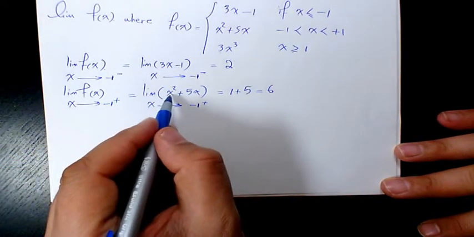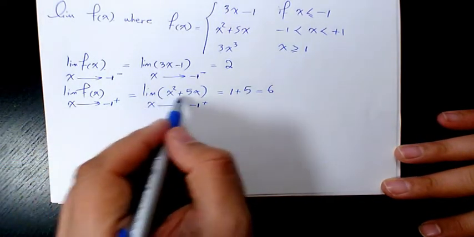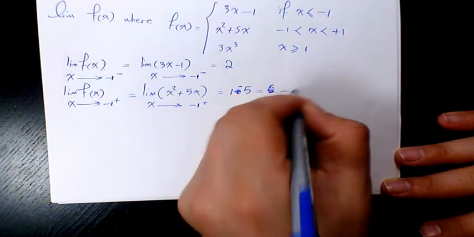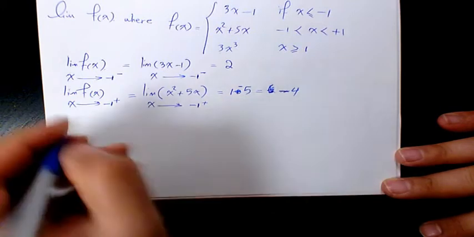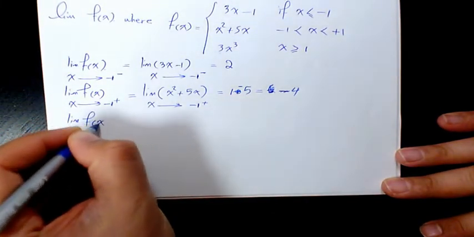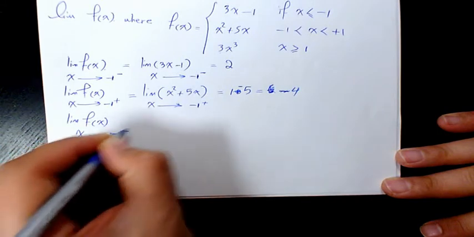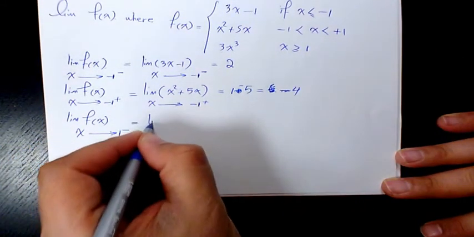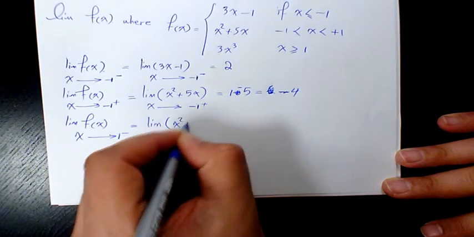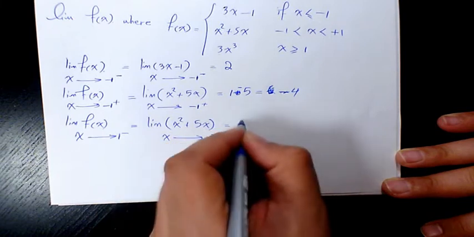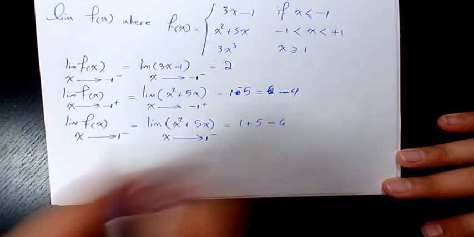Actually, that's going to be 1 minus 5, which is -4. Then I need to find the limit of f of x from the left hand side when it's approaching 1. That's going to be the middle one still, because that's for x values less than +1. It's going to be 1 plus 5, equals 6.